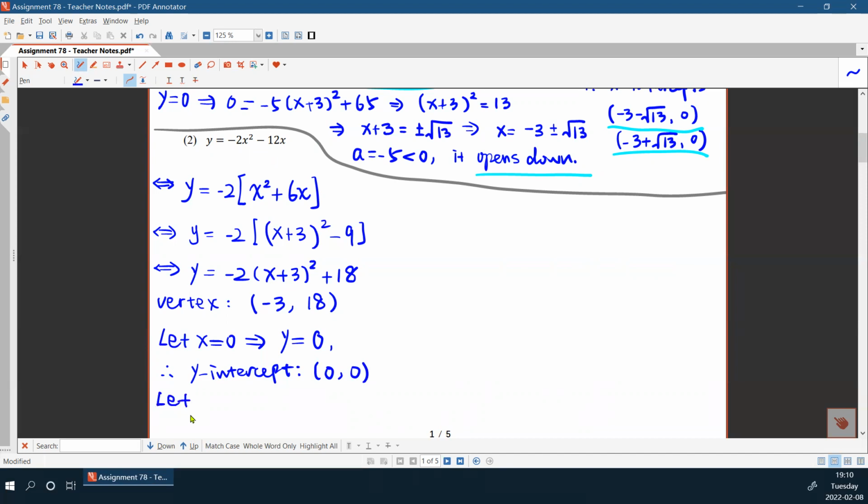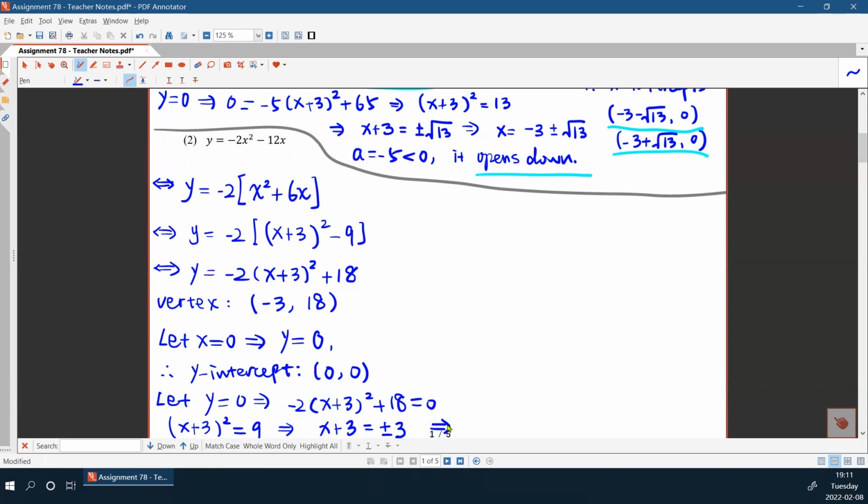Next, let's find its x-intercept, if any. So basically, we let y be 0 to solve x. So if y is 0, that means -2 times (x plus 3) squared plus 18 is 0, right? That means (x plus 3) squared is 9, which means x plus 3 is either positive 3 or -3, right?